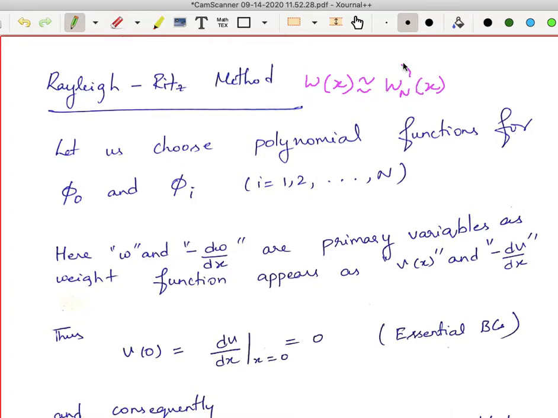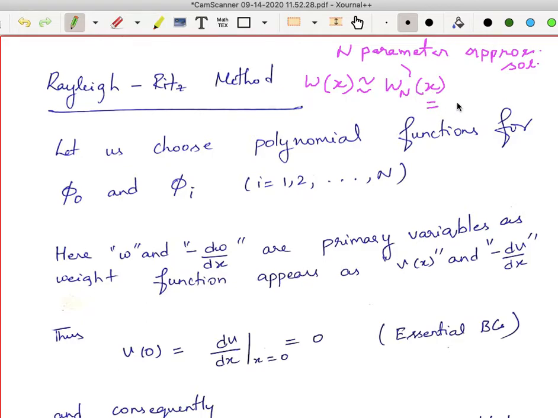This w subscript n will be called the n parameter approximate solution. Now, how are we writing the n parameter approximate solution?